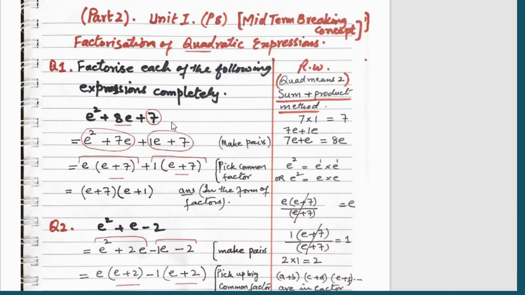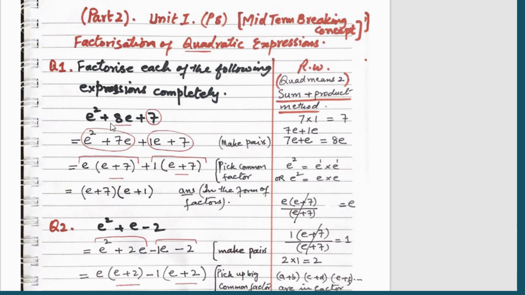In expansion, we solved factors and got a term like this at the end, if you remember. But now we have taken this term, which in expansion we got at the end, and this is in the start, in the beginning. Now we are solving that term as a quadratic expression for factorization.